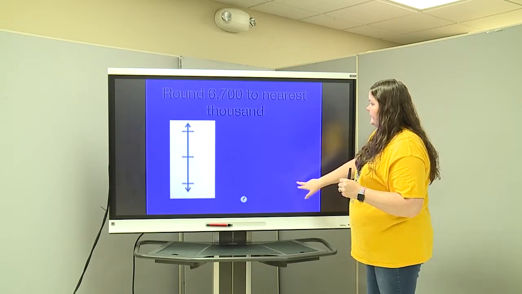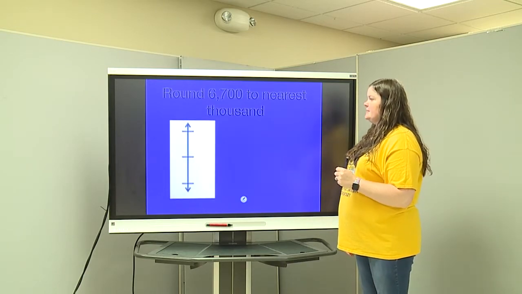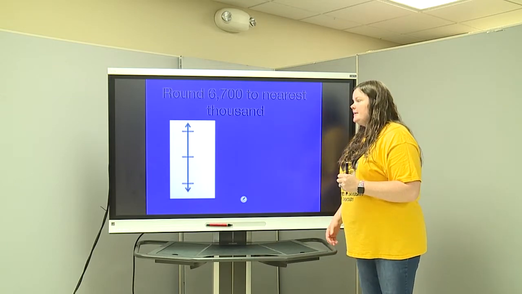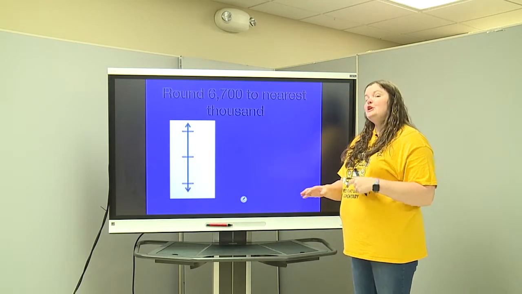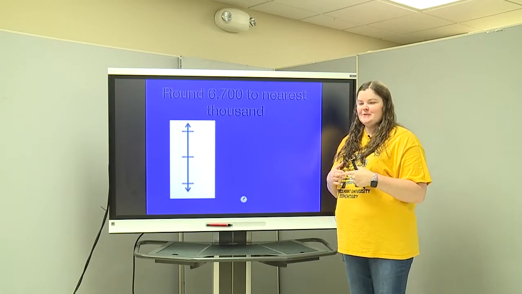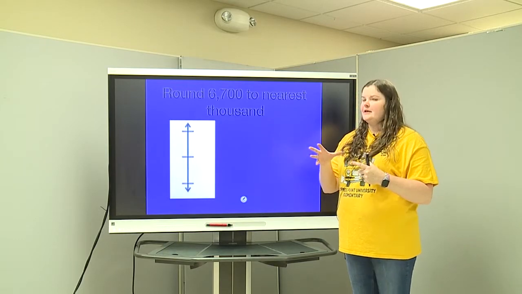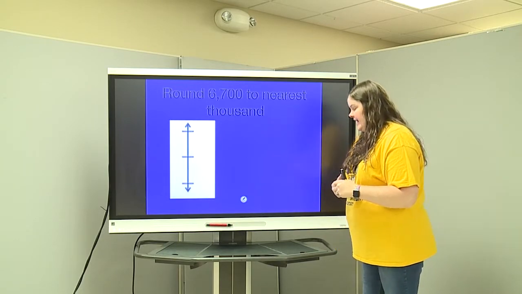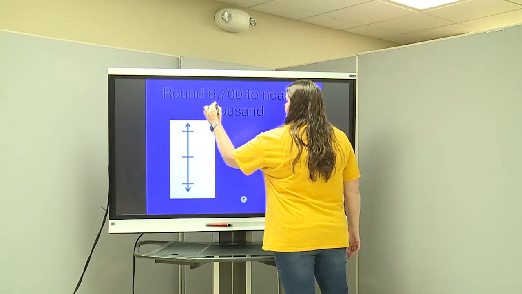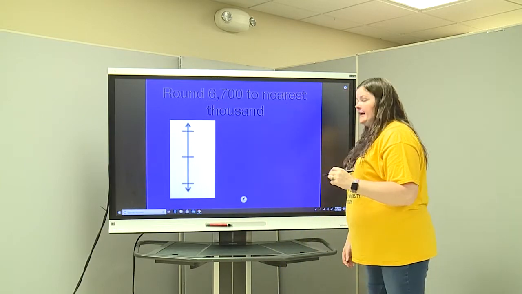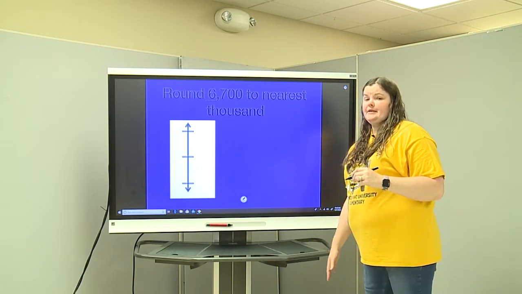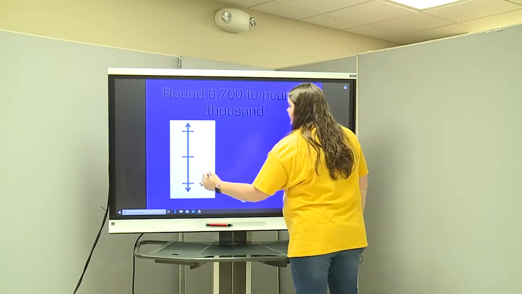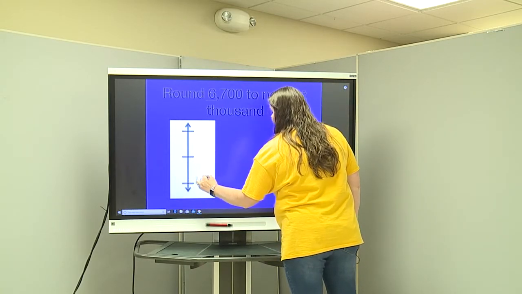All right, the next one, 6,700. So let's think about, we don't have any clues to help us here, so we're just going to be doing this from our memory from those other ones. What is in the thousands place? I've got 6 in the thousands place, and I'm only rounding to the nearest thousand. So my bottom end point is going to be 6,000.